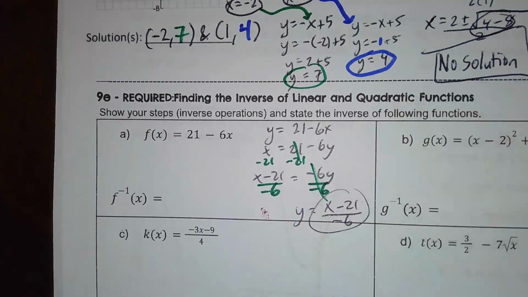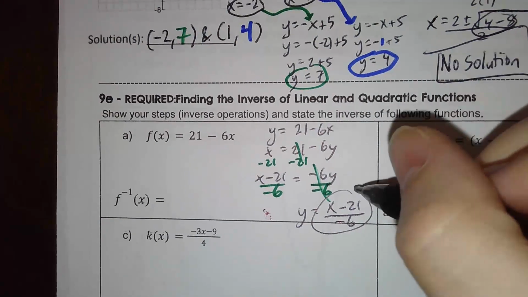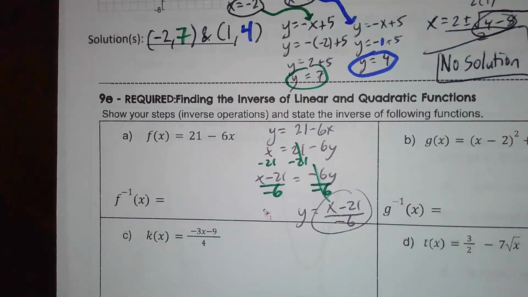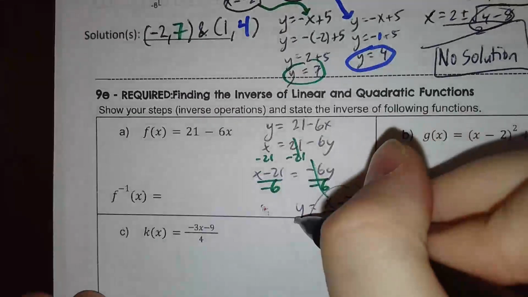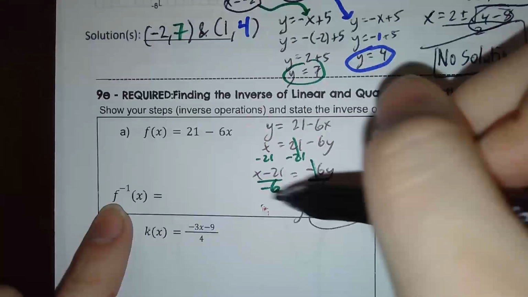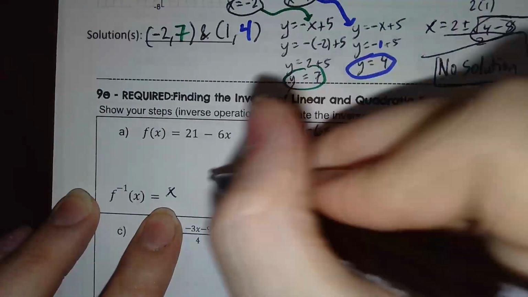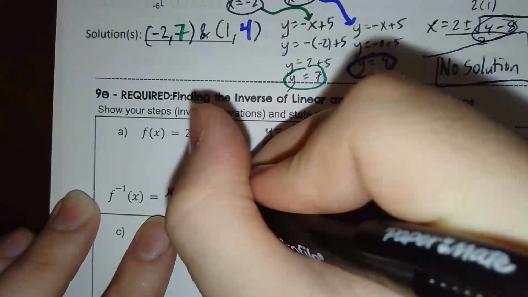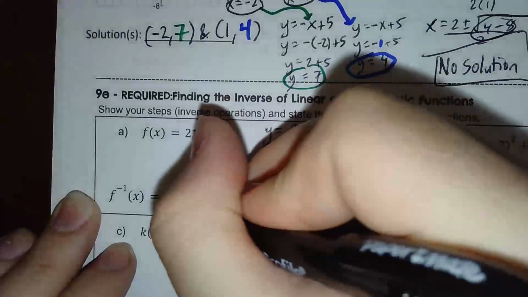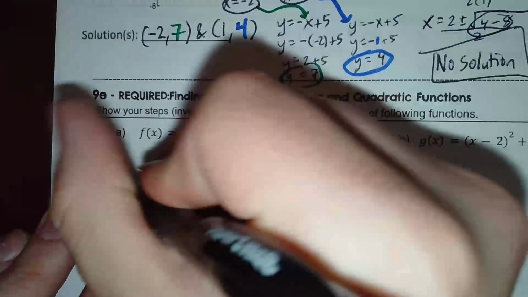Now just leave your answer like that. That answer shows the inverse operations that were done. And now our final step, step 4, is to say f inverse of x. So our final answer is f inverse of x equals x minus 21 over -6. That's our answer.